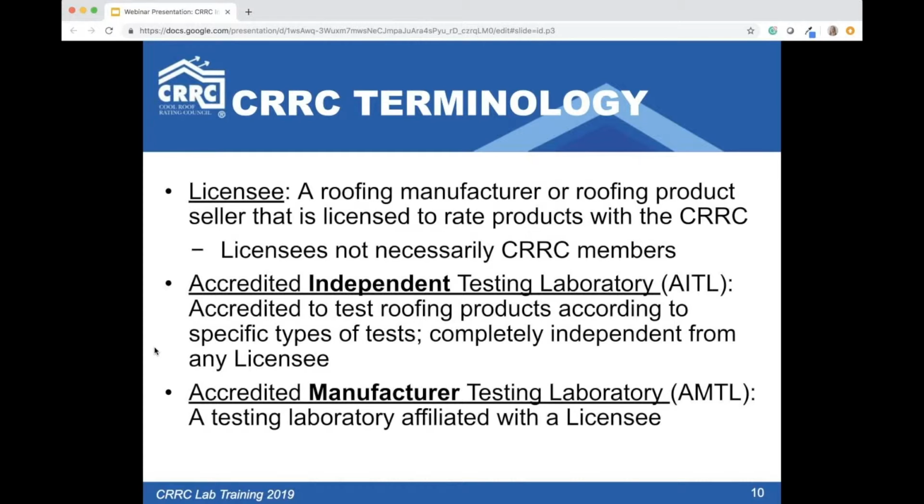We also have accredited manufacturer test labs. So these are test labs that are affiliated with a licensee. So right now we do not accept test results from these AMTLs, but it's helpful for the licensees to have this accreditation to show for their ISO compliance. So we kind of offer this pathway for them.